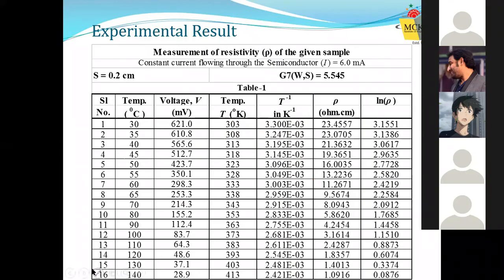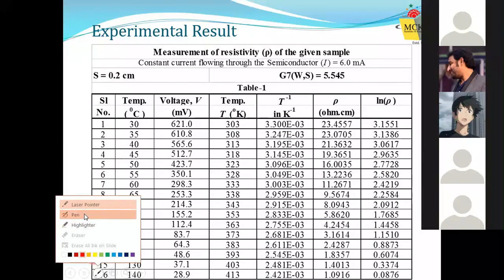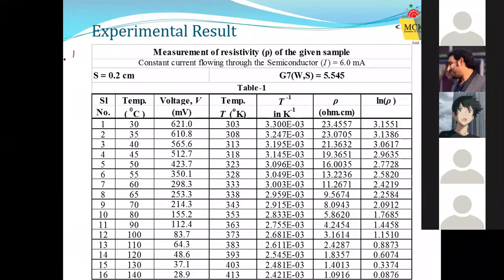Because in your calculator, the moment you put in 1 divided by 303, let us say this inverse, the calculator might show you something like 0.0033. What I want is that you do not write it in this fashion. Write it as 3.3 into 10 to the power of minus 3.